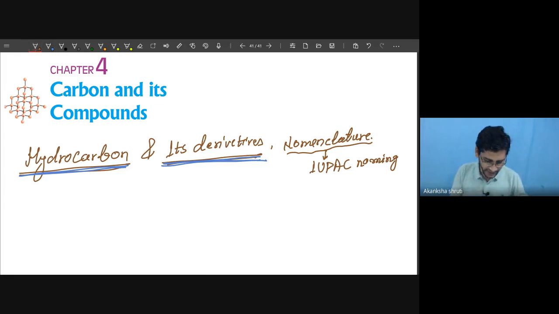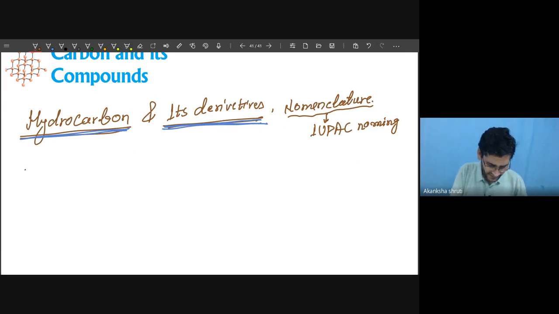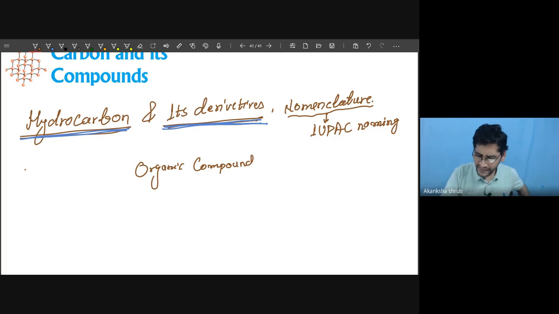What is a hydrocarbon? We have learned that organic compound means it is a compound of carbon, hydrogen and other atoms, which must be bonded with a covalent bond.